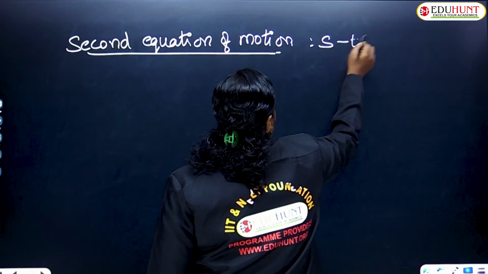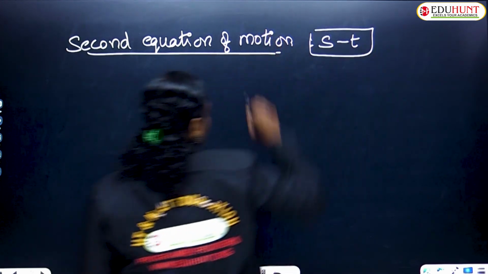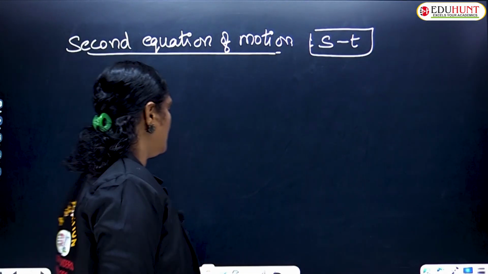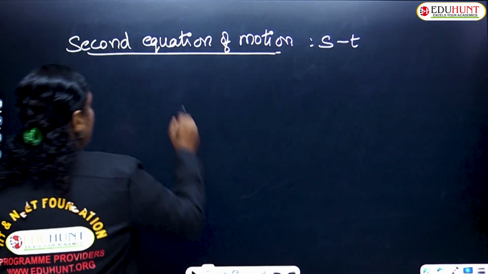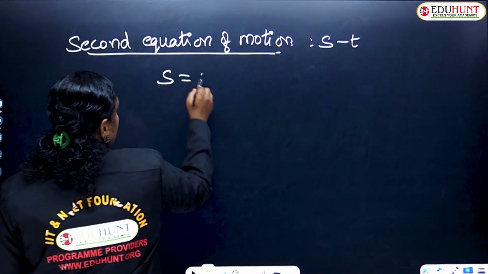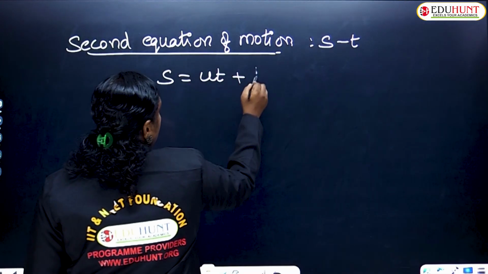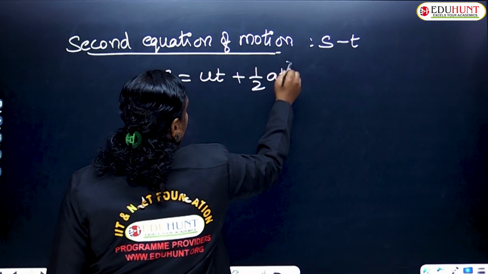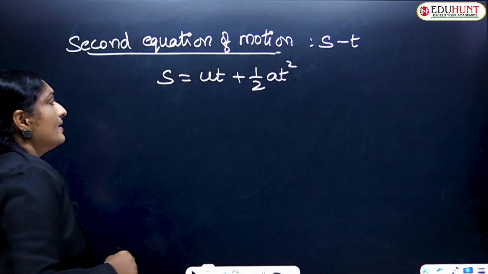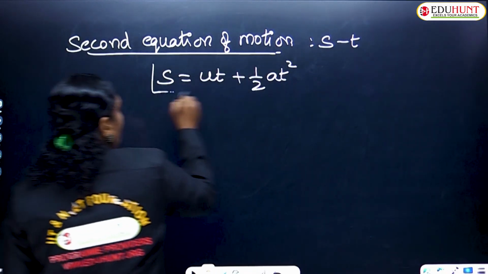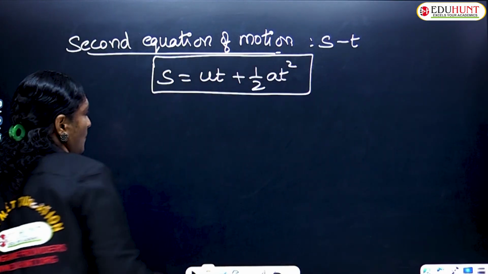The relation between displacement and time is given as s is equal to ut plus half at square. So children, what is the formula? s is equal to ut plus half at square.